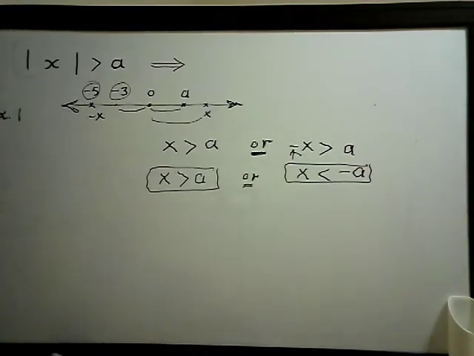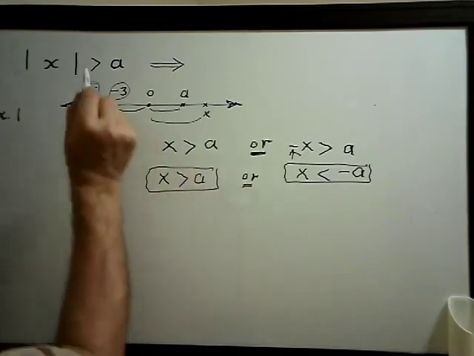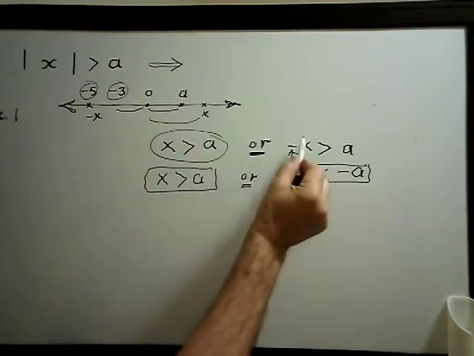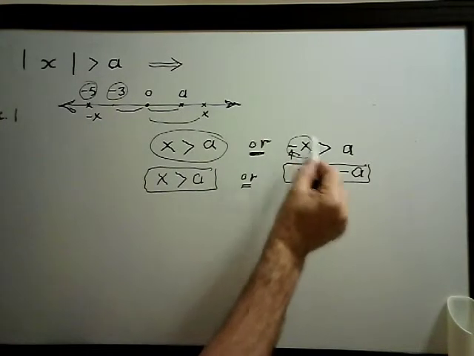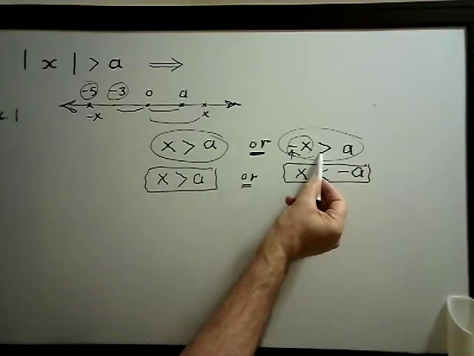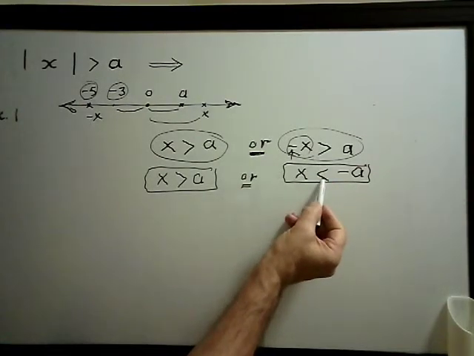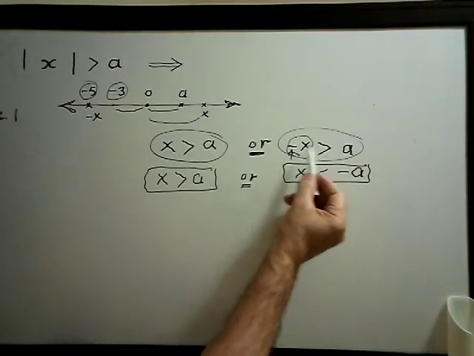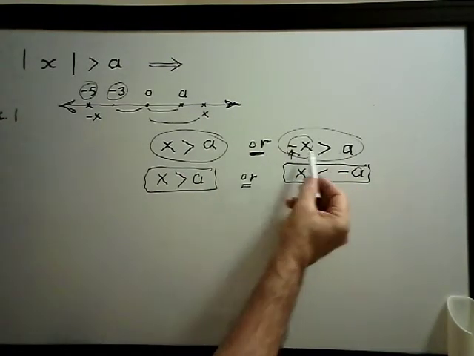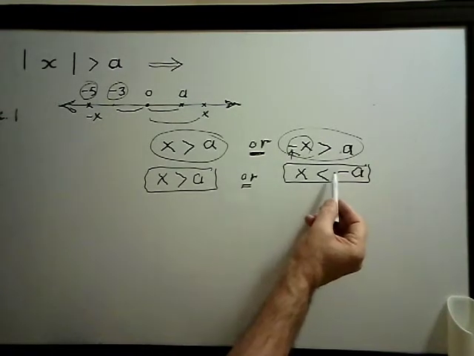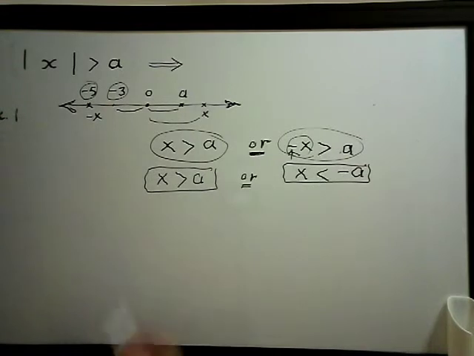Look again, we started to state all this form as x is greater than a, or negative x is greater than a. The greater sign is changed to less because we multiplied both sides of the inequality by negative, which leads to x is less than negative a.